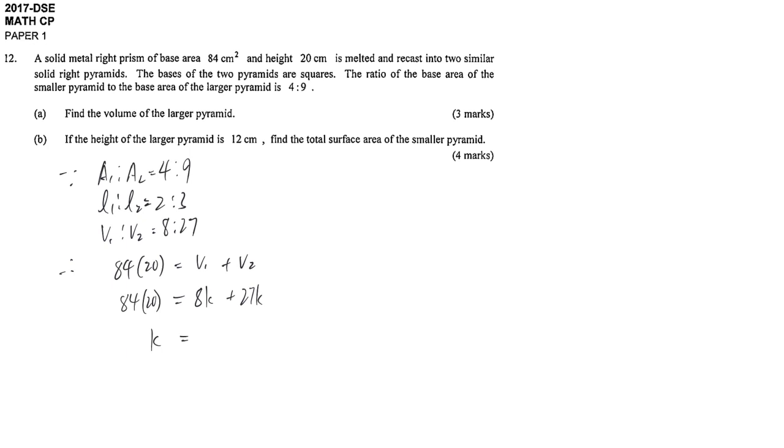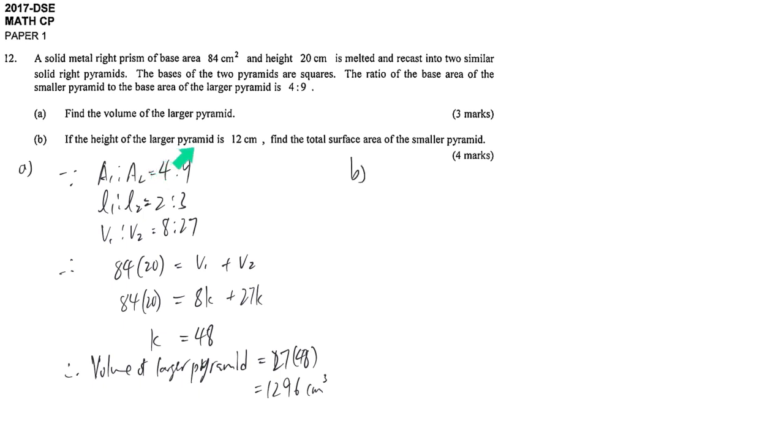Then we get K is equal to 48. Therefore our target is equal to 27 times our unit 48. We get 1296. That's how you finish part A. And then part B.